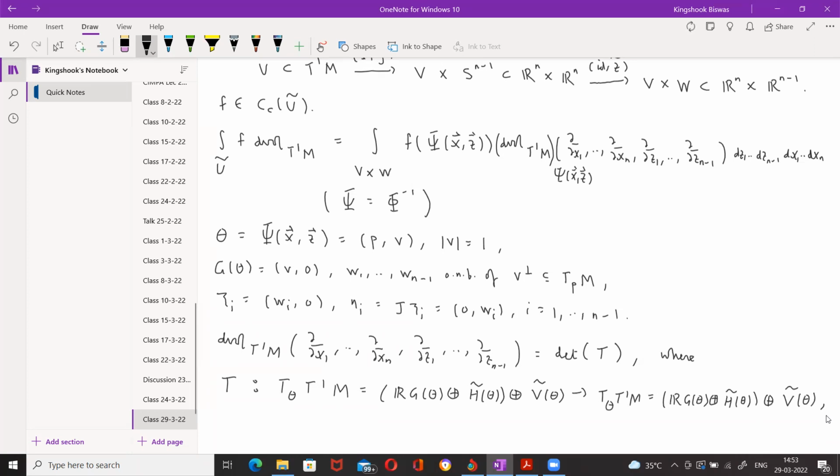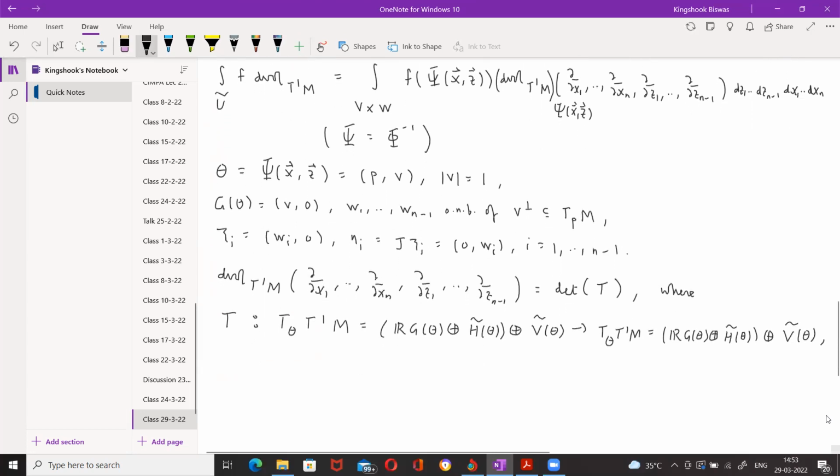So what does this do? It maps G theta to, let's say, del del x1, then xi maps to del del xi plus 1, i goes from 1 to n minus 1.